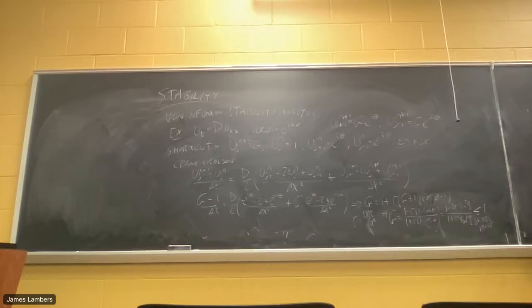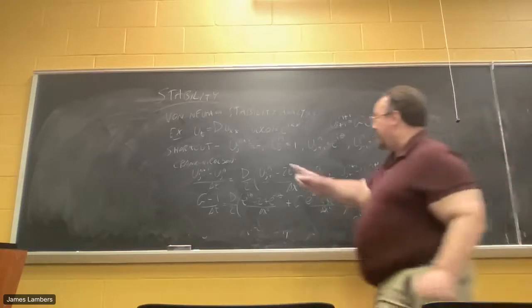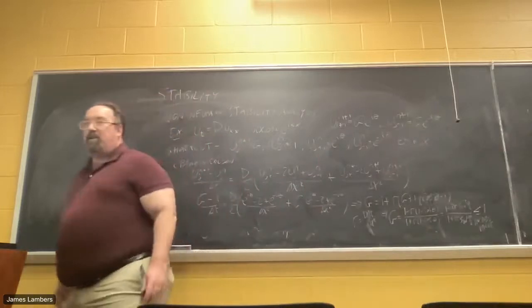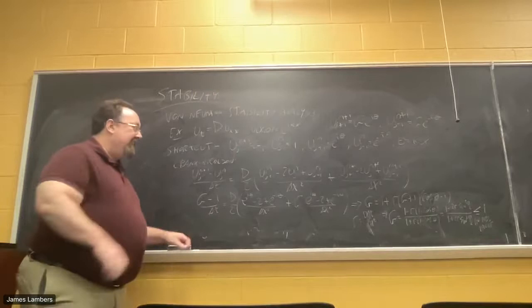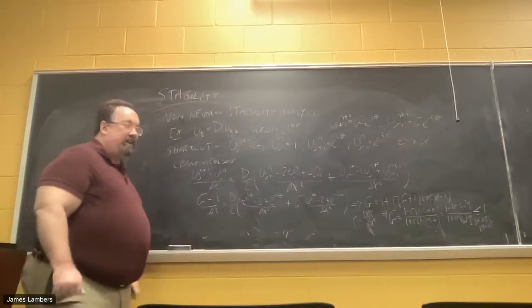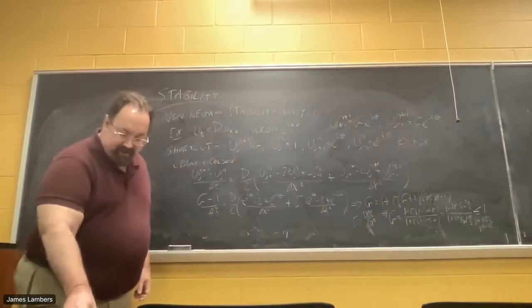I have another example in the notes that I don't have time for, but it's a 2D example, and the homework is 1D. But really, you make substitutions, do whatever algebra or trig is called for to isolate G, and then find out when it's less than or equal to 1. Okay.